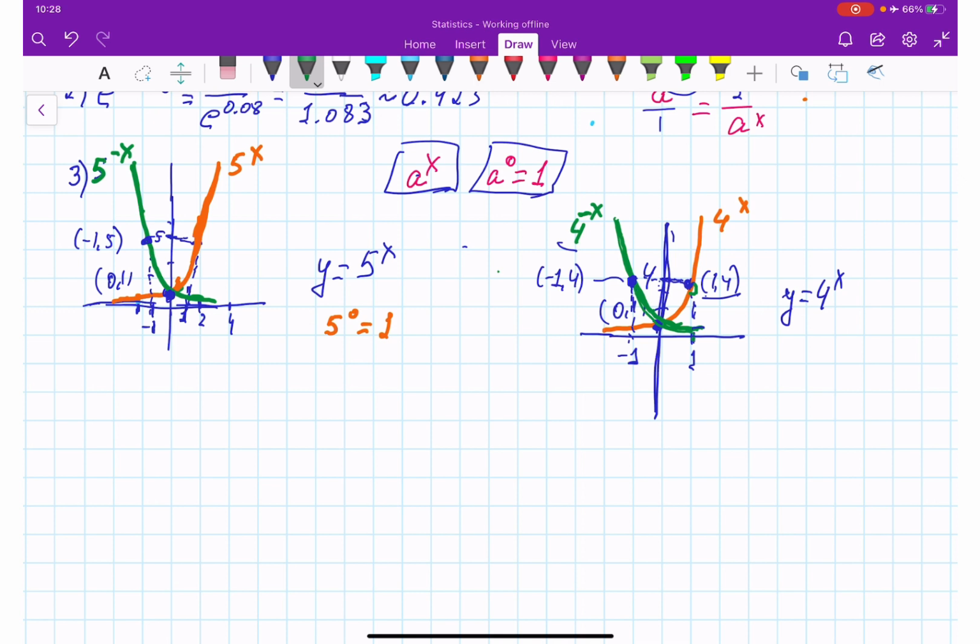And 5 to the power negative 0, well, there is no negative 0, right? It's going to be 1. Okay? So that's how you identify.